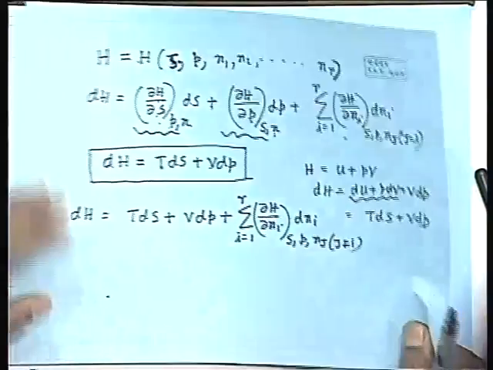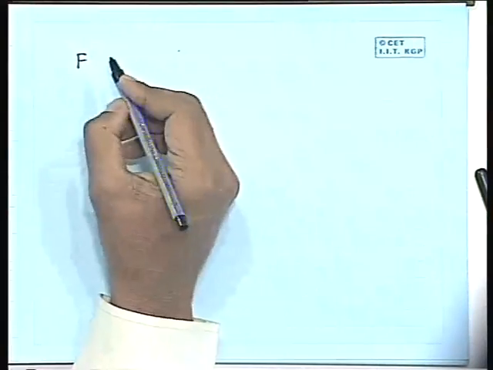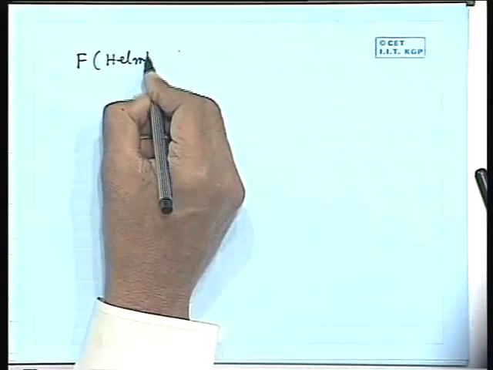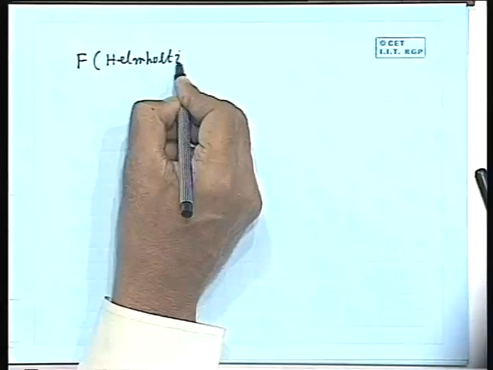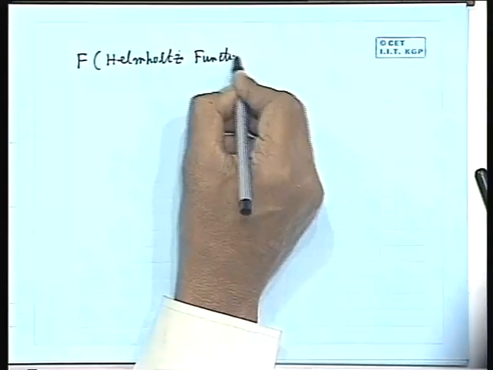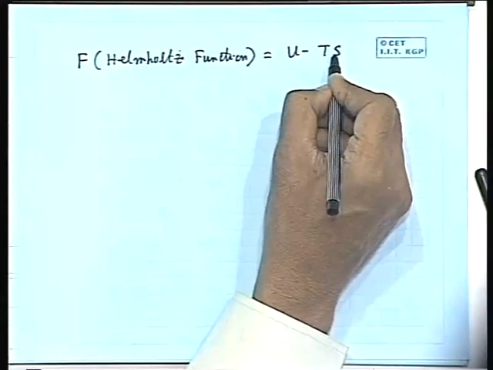Now again in a similar way I go for the Helmholtz function F. If you remember the Helmholtz function which was discussed earlier, how was it defined? F is equal to U minus TS.